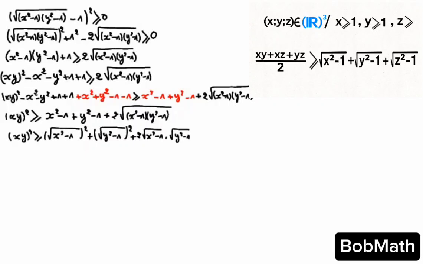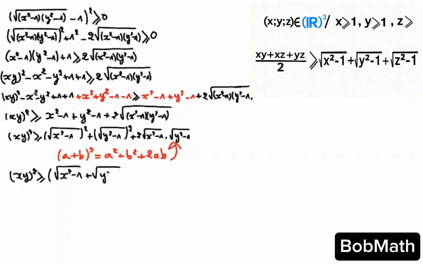And we know that (a plus b) squared equals a² plus b² plus 2ab. Now we apply this property in this example. So (xy)² is greater than or equal to (the square root of x² minus 1 plus the square root of y² minus 1) squared. And we take the square root of both sides of the inequality.